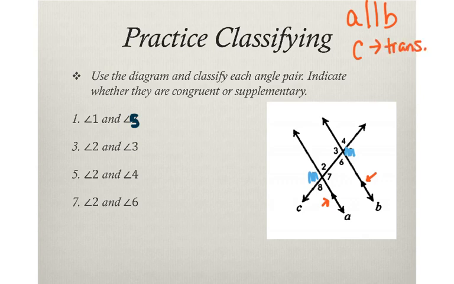Okay, so if I'm looking at angle 1 and angle 5, they're on opposite sides of my transversal on the outside of the parallel lines. So that would mean they're alternate exterior angles. And yes, you can shorthand that to be alt ext. And think about it. Alternate exterior angles, they ended up being congruent.